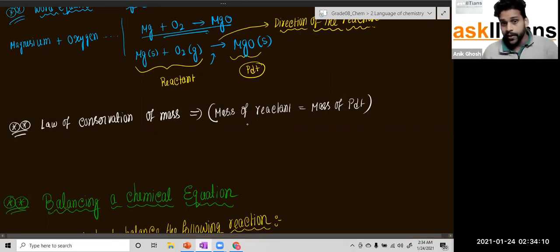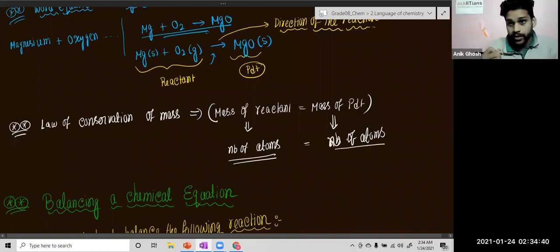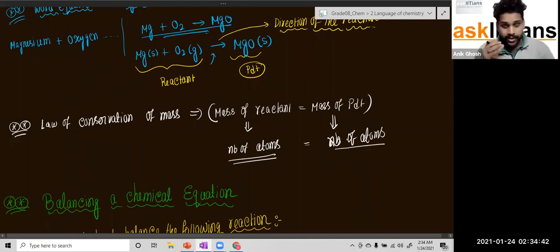Okay, so we can say the number of atoms for reactants should be equal to the number of atoms for products as well. Fine. So the number of atoms of the reactant should be equal to the number of atoms in the product. We just need to keep that in mind.